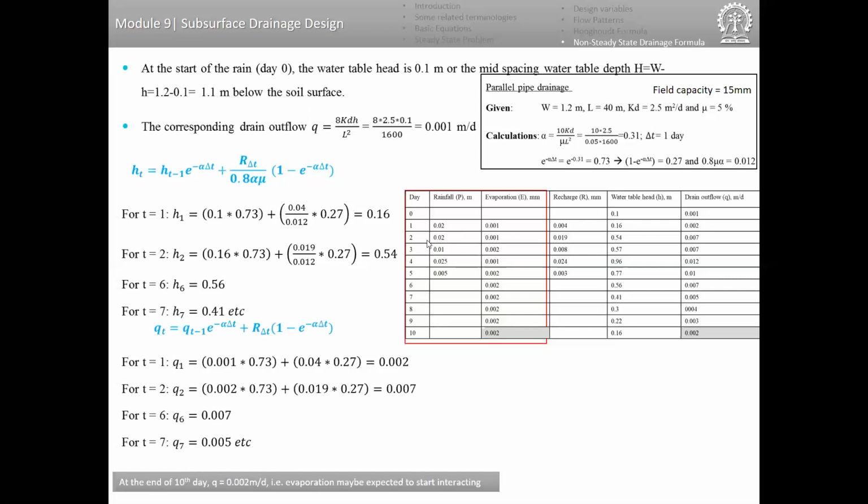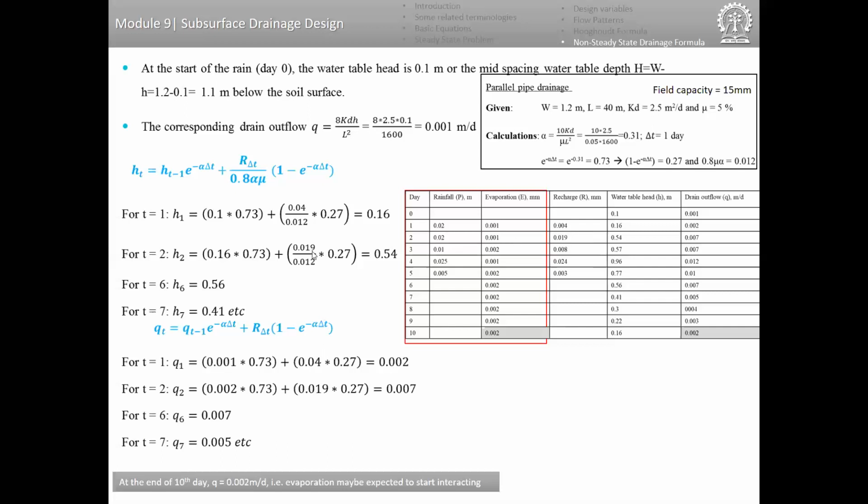Similarly, for time t equal to 2, we can substitute the values. Ht minus 1 is 0.16, e to the power minus alpha delta t is 0.73, plus now you have to calculate the recharge. Once the soil is retaining the moisture, you can calculate the recharge like this: 0.02 minus 0.001, that is 0.019.